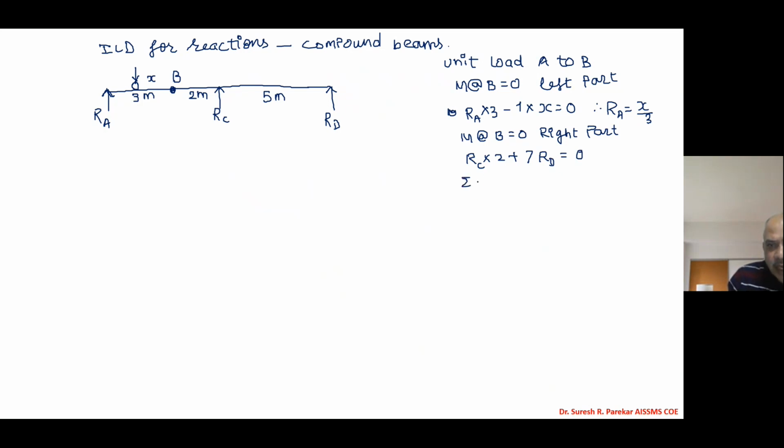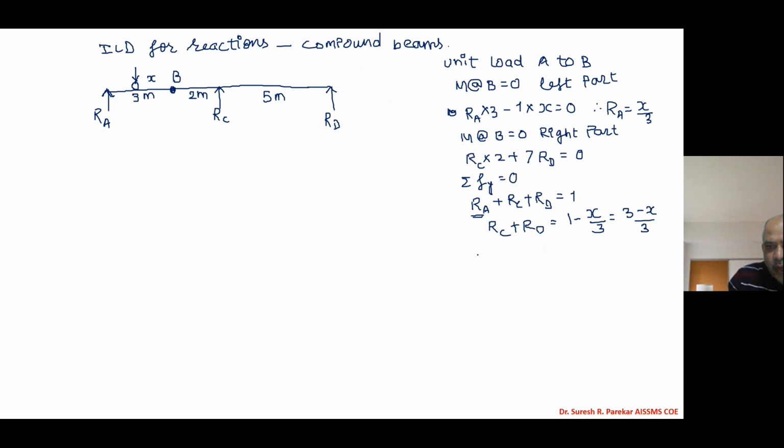Now we have summation Fy equal to 0, and we have RA plus RC plus RD, and that is equal to 1. And from this we will get RC plus RD, and that is equal to 1 minus x by 3, because we have value of RA x by 3 goes on right, becomes 1 minus x by 3, and that is equal to (3 minus x) by 3.